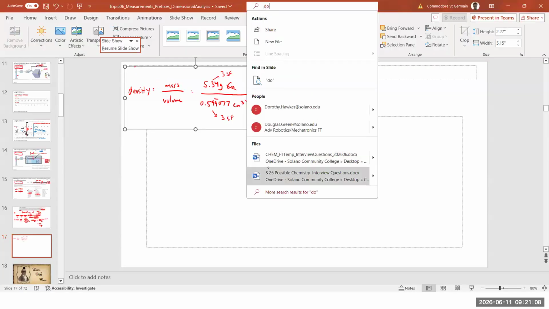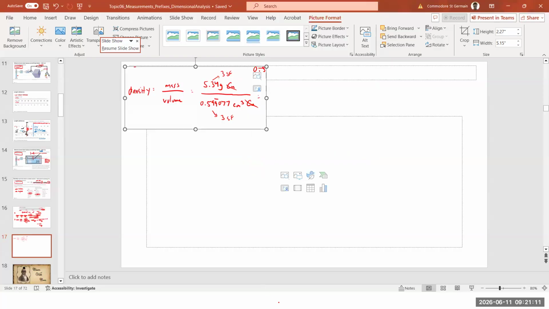So we have our density as, oh shoot, what have we calculated as? 8.91 grams per cubic centimeter, right? We'll say this is the density of copper.